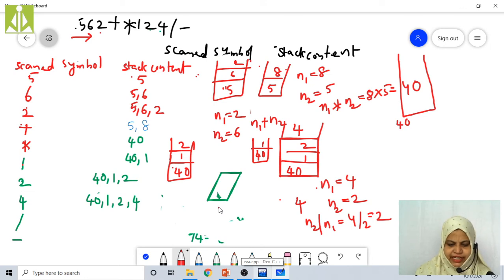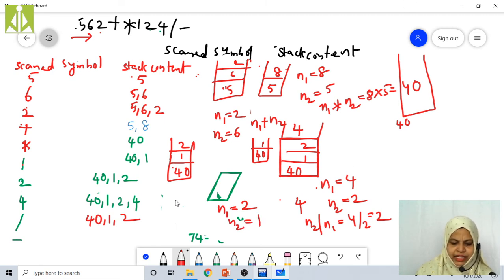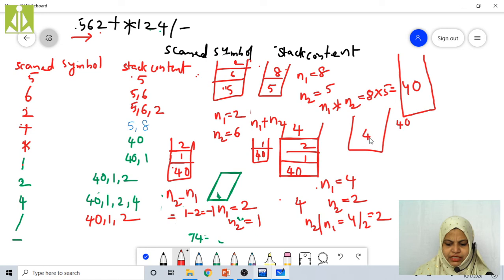Minus means n1 equals 2, n2 equals 1. So you perform n2 minus n1, that is 1 minus 2, that is minus 1. So you insert minus 1 now: 40 comma minus 1.